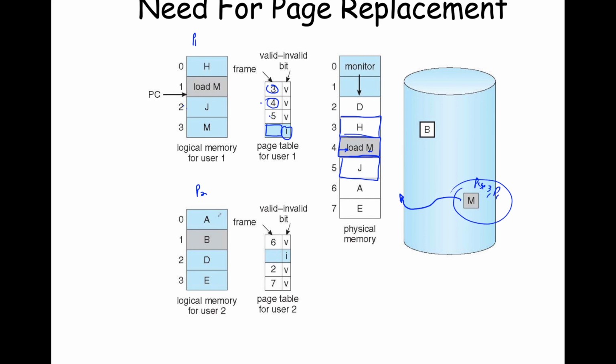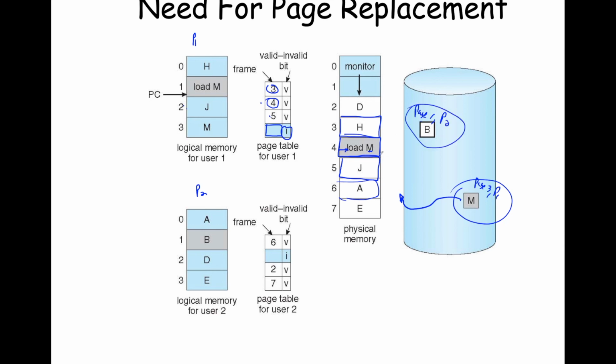If we look at process P2, we see its pages, A, B, D, and E. Page 0 is in frame 6. Then we have page 1. That's not loaded, and we look on our backing store and see this is page 1 for process P2.